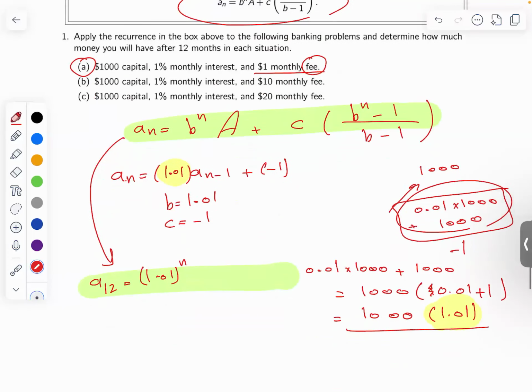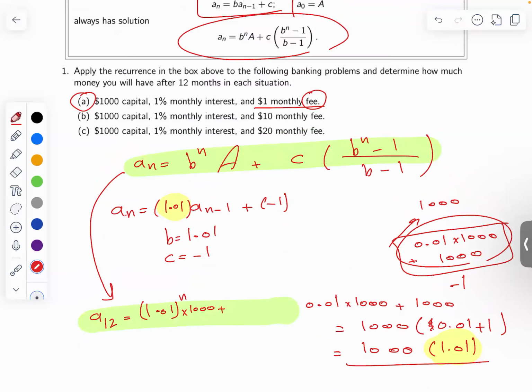What's your initial money? Plus C is -1 times, B is 1.01 to the power 12 minus 1.